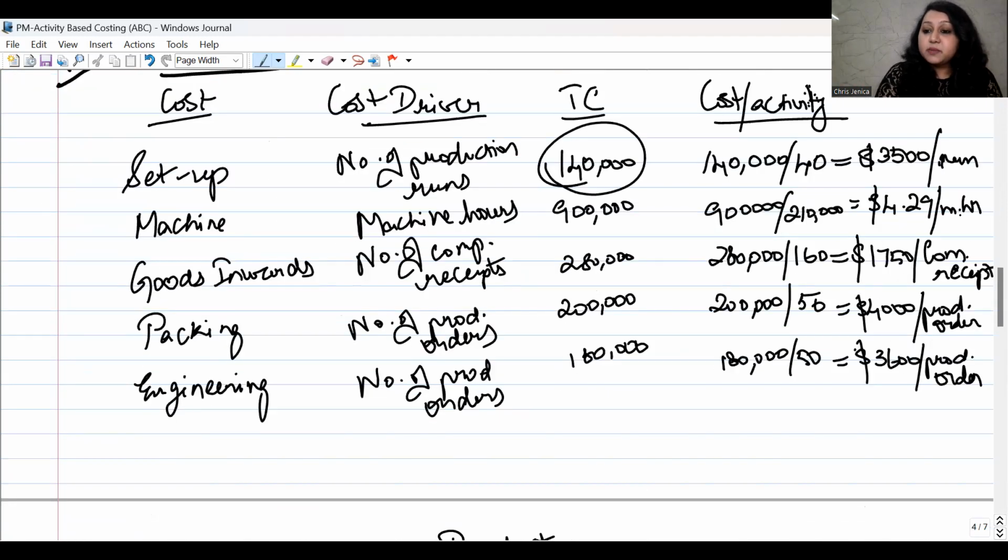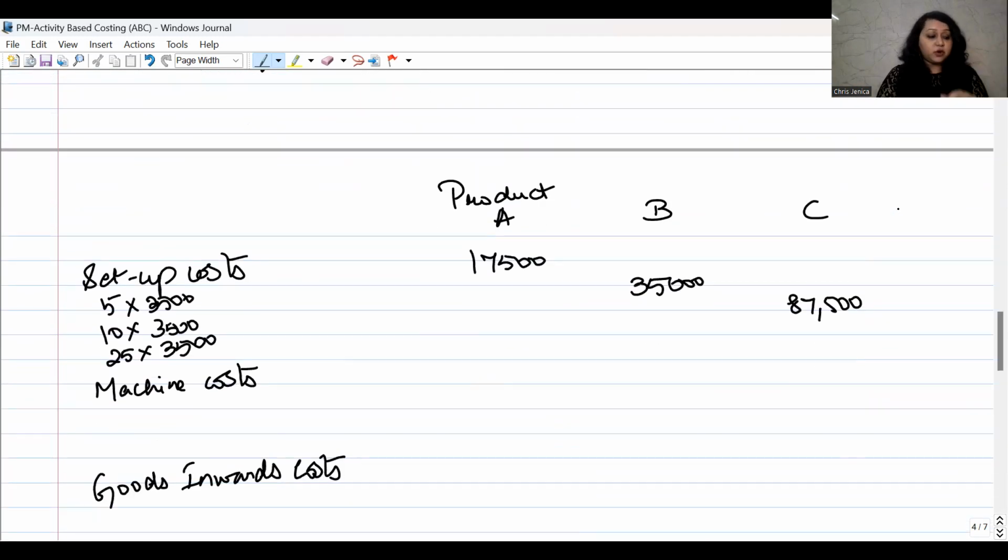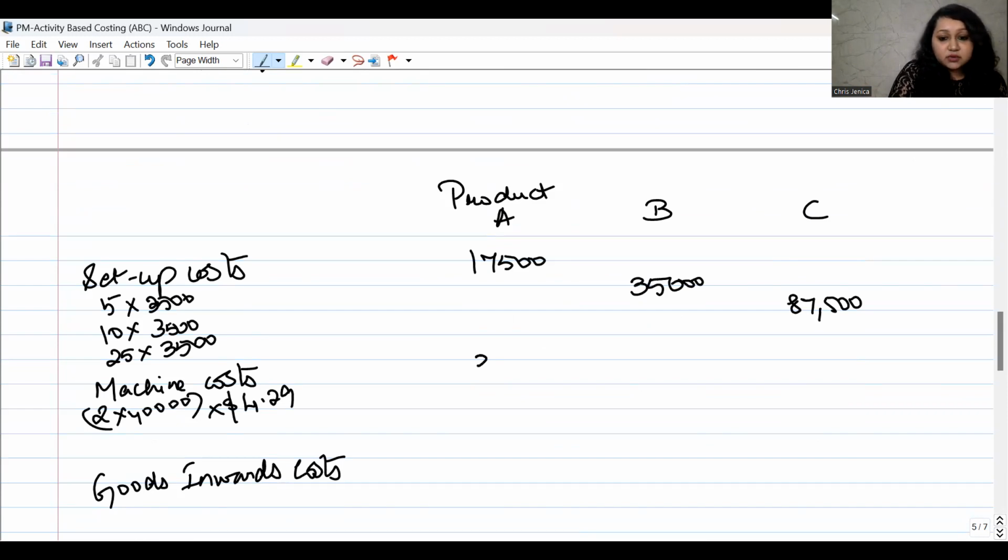Now, what is the cost per machine hour? 4.29. And you know the total number of hours. Now we will calculate. So 2 hours into 40,000 units for product A, right? It's going to be 80,000 into $4.29. This is going to be around 3,43,200.